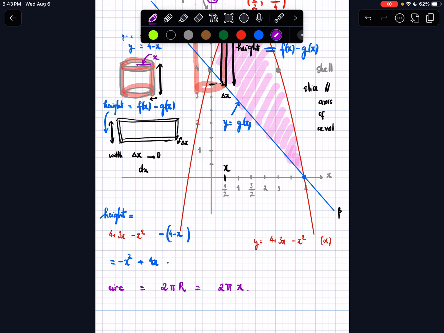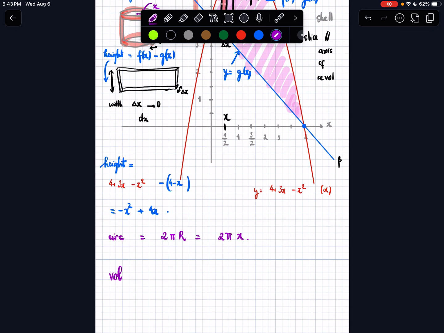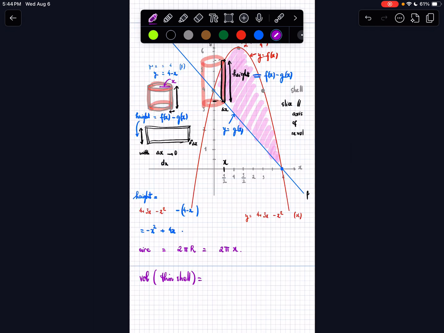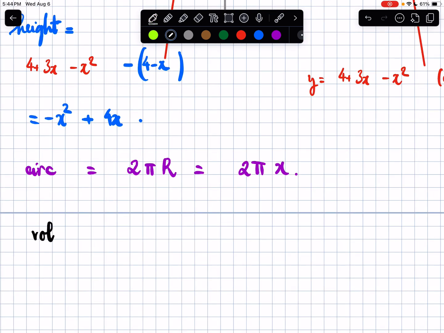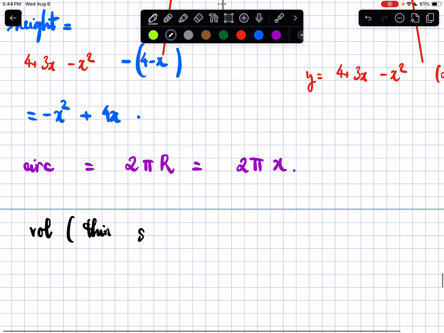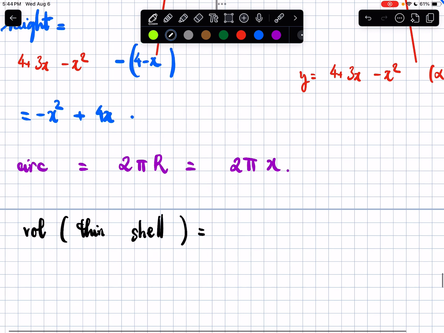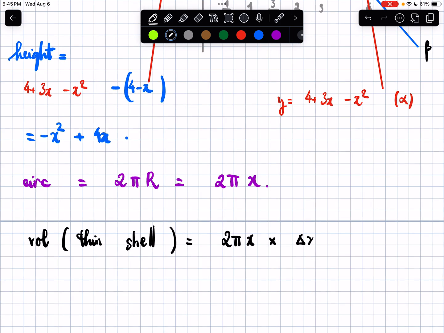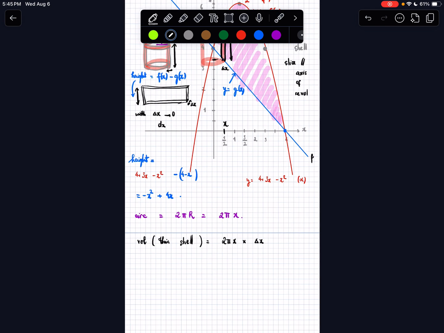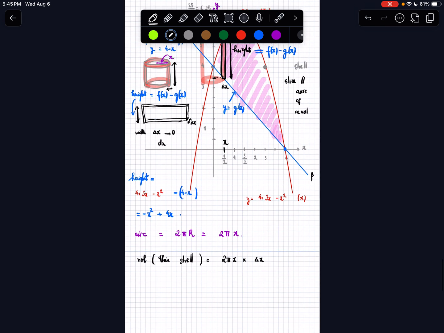So the volume of a thin shell is the circumference times the width, delta x, times the height. The volume of a thin shell is the circumference, which is 2 pi x, times the width, which is delta x or dx in our case, and the height is this height.